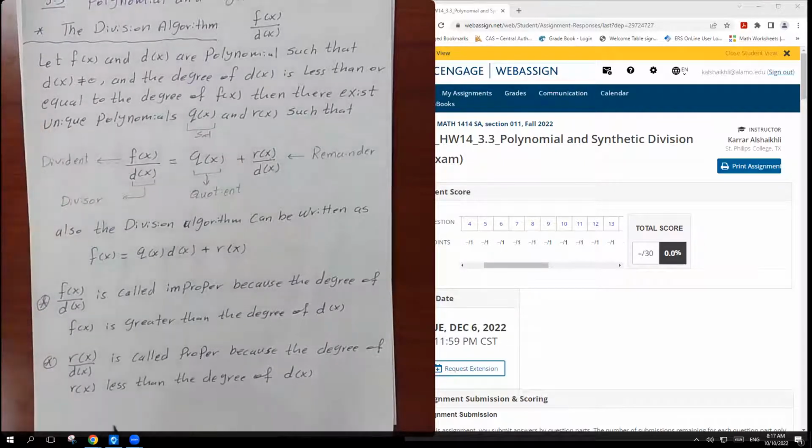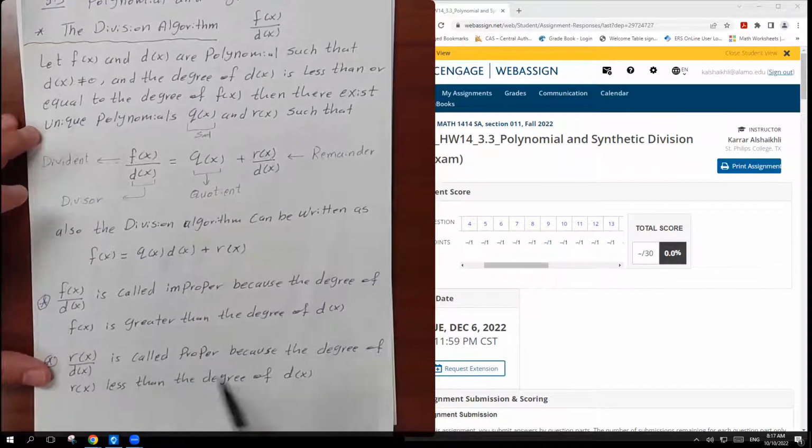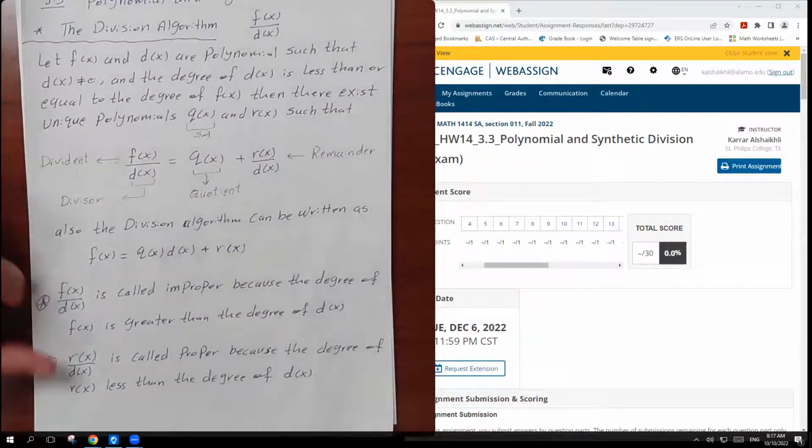So every time you see a fraction of polynomials, if r of x over d of x, it is called proper because the degree of r of x is less than the degree of d of x. They're going to ask you the first 5 or 6 examples only about these two notes.